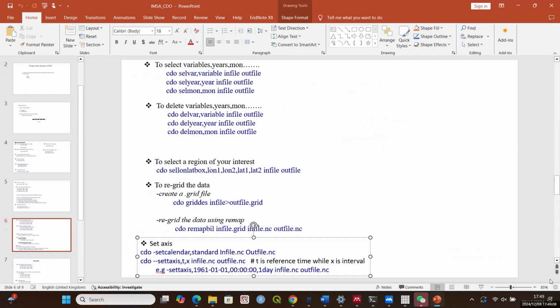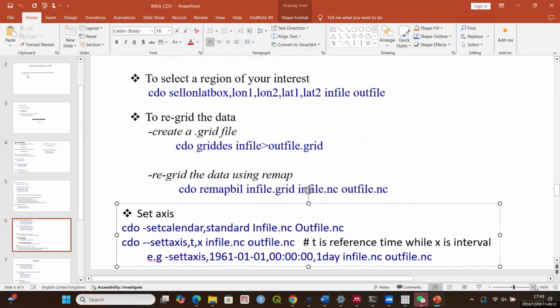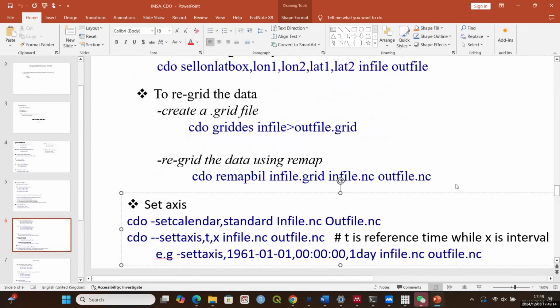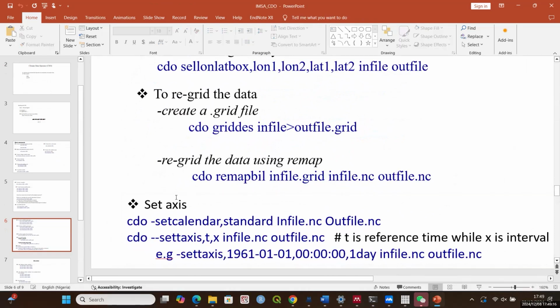Let me try to zoom it. This file where I've written set axis. So sometimes, don't mix this one with the statistics we're calculating. This is a different one. Last time I skipped it because of limited time.